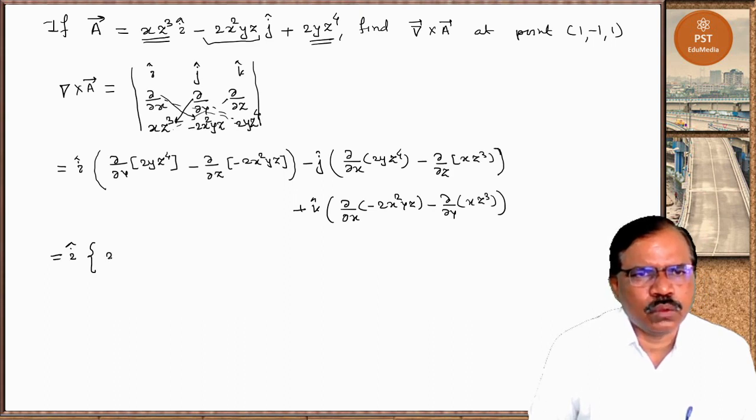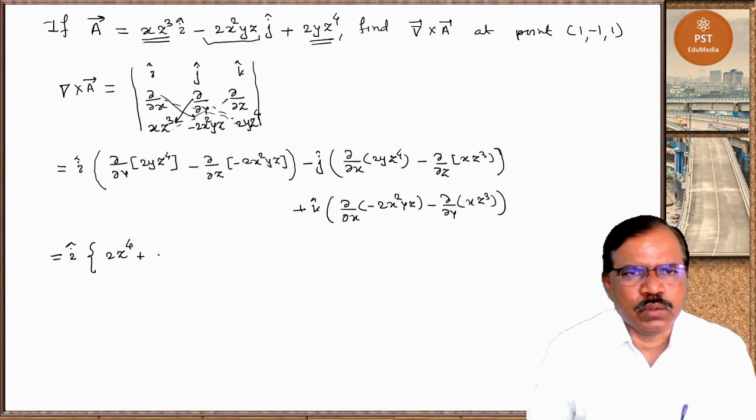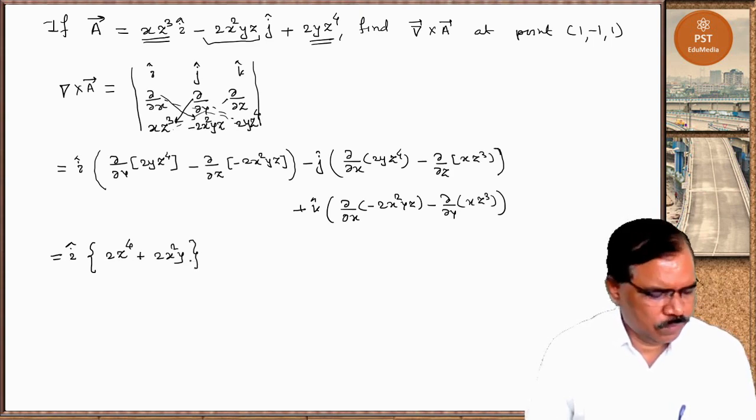So we will get 2 z raised to 4. Now minus minus is plus, so plus del by del z gives 2 x square y, since del z by del z is 1.